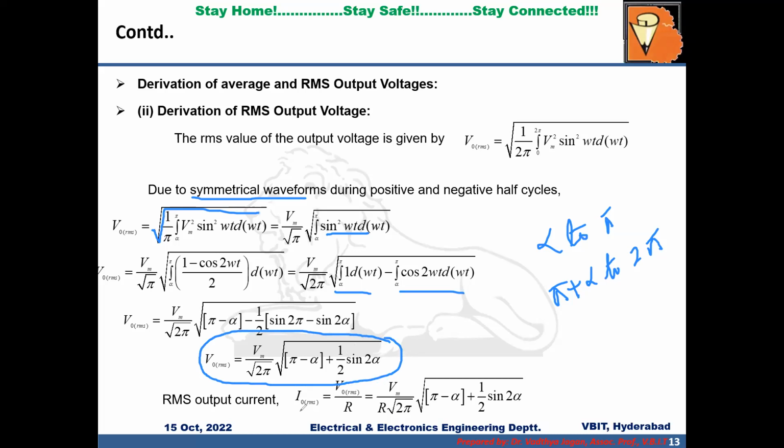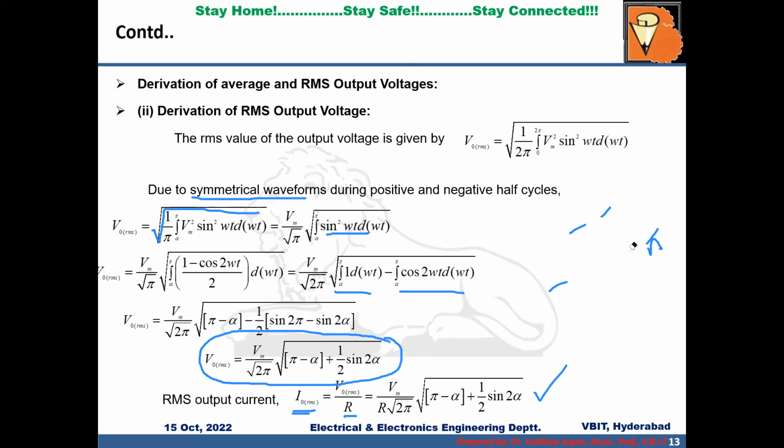Similarly, I can calculate the RMS output current. It will be V naught RMS divided by R, since the load is resistive. So it is Vm by R root 2 pi, under root pi minus alpha plus 1 by 2 sin 2 alpha.